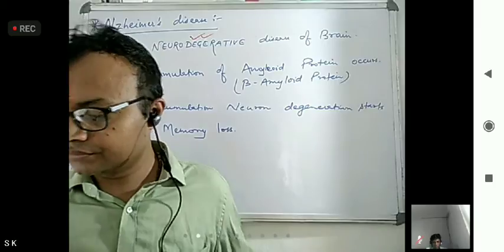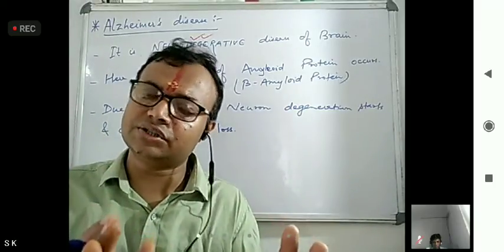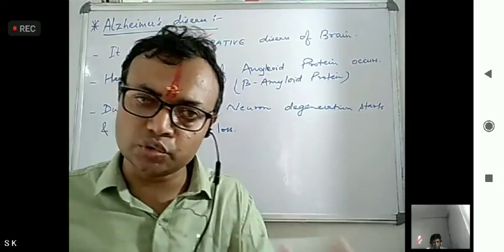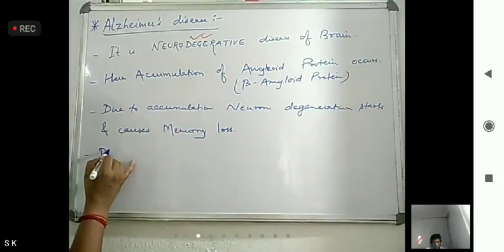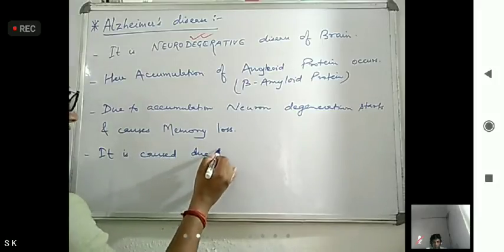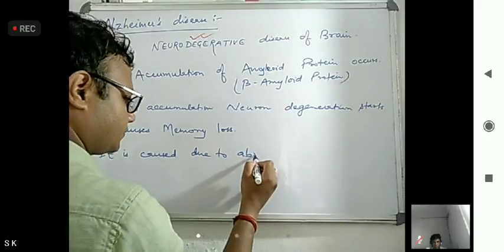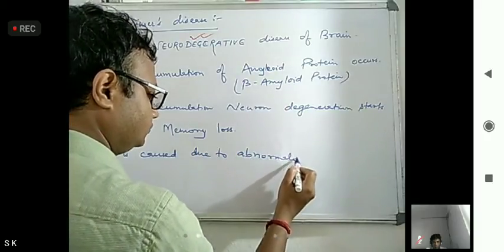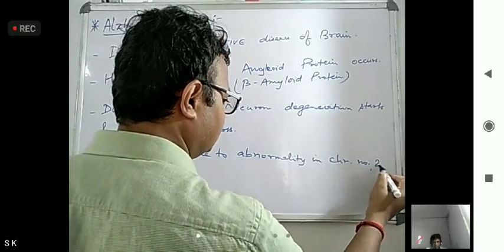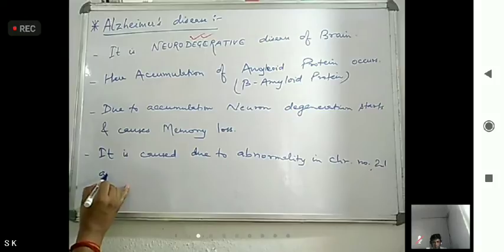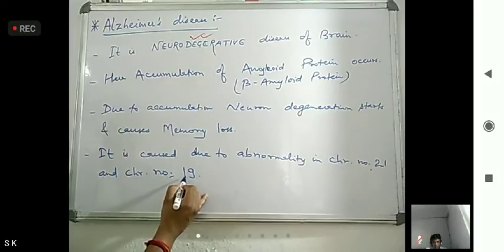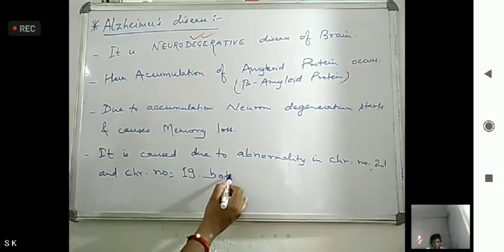Now, here what happens? A defect occurs on chromosome number 21 and 19. So what I told? It is caused due to abnormality in chromosome number 21 and chromosome number 19 both.